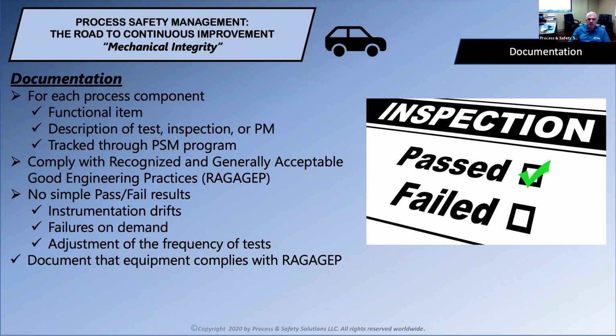Instrumentation drifts. I don't care what industry you're in, all industries have devices, instrumentation, et cetera, that drift. One of the things that we came across not too long ago was in an ammonia refrigeration facility where the testing of the high pressure cutout, or high pressure interlock to shut down the compressor on high pressure, was not working.